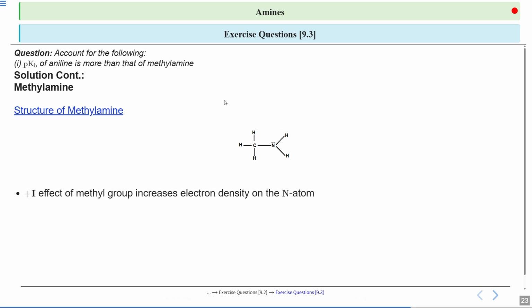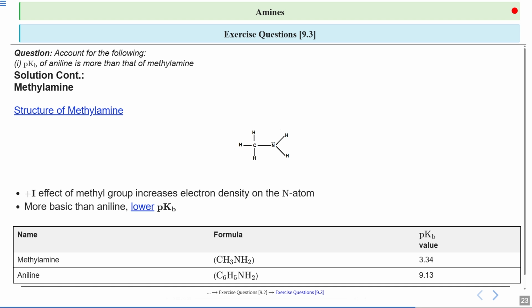So methylamine is more basic than aniline, because it has a lower pKb value, meaning it will more readily accept protons in the solution.